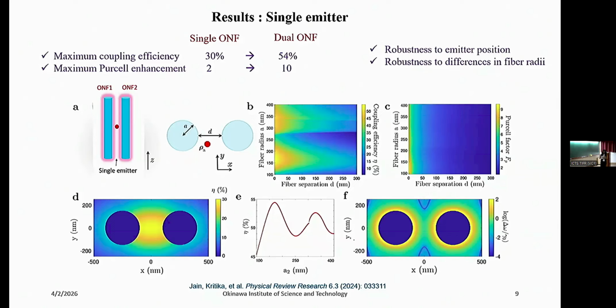So the efficiency is maximum for identical fibers, but within a few plus or minus nanometers the efficiency also remains above 50%. So this also shows the robustness to differences in fiber radii. And here in F, I plotted the Lamb shifts.